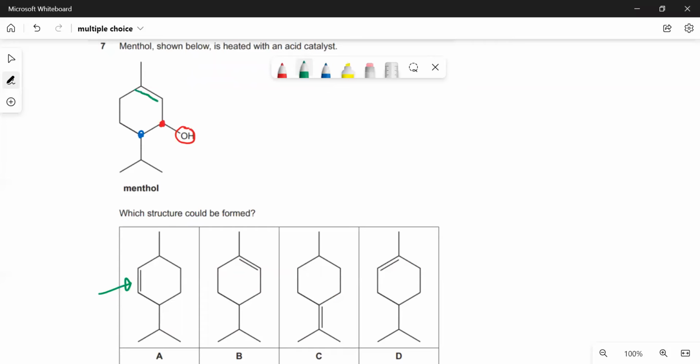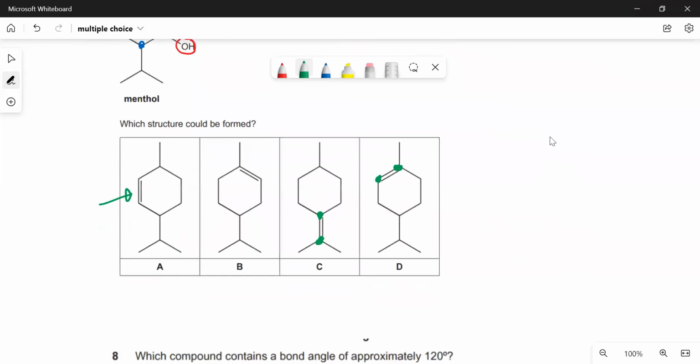Because it forms between the carbon with the OH on it and the one next door to that. Well, the OH isn't attached to either of those carbons, so that's wrong. The OH again for C is wrong. The OH is not attached to that carbon or that carbon, so you can't get a double bond forming there. And well, D is actually the same thing as B, isn't it? It's just drawn back to front. So A is our answer there.